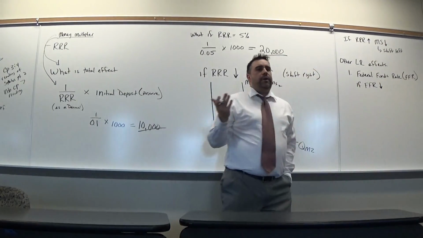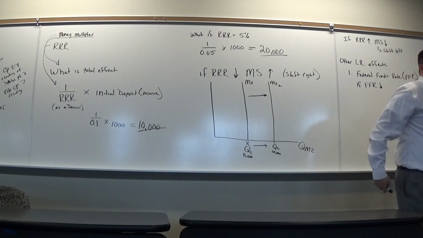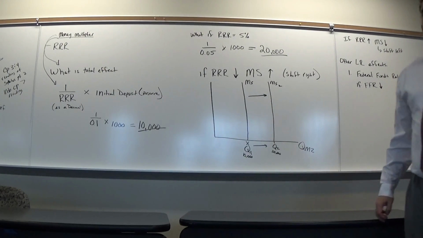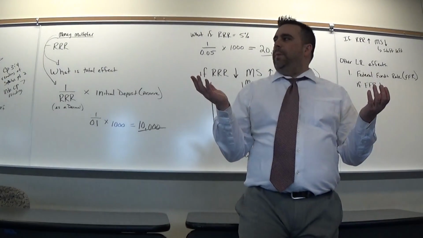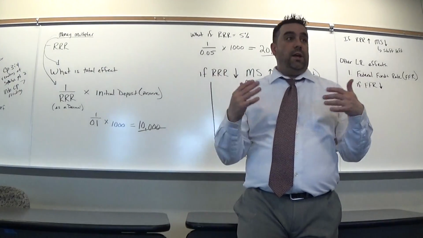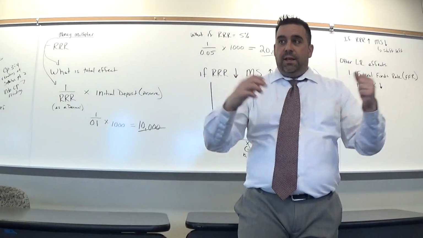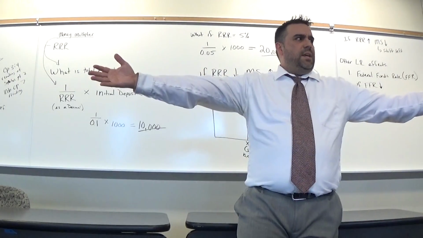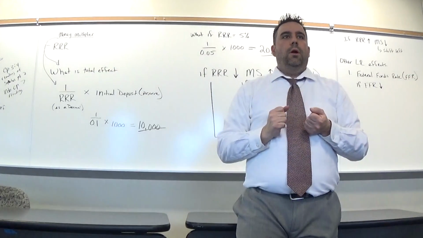If the federal funds rate is lowered, what's going to happen? Well, if the federal funds rate is lowered, more small banks are going to start looking to those bigger banks and saying, hey, we're going to borrow more money right now. We're going to borrow more money because we don't have to get it at as big of an interest rate. Just the same behavior you guys as consumers have. Low interest rates, you want to borrow more.